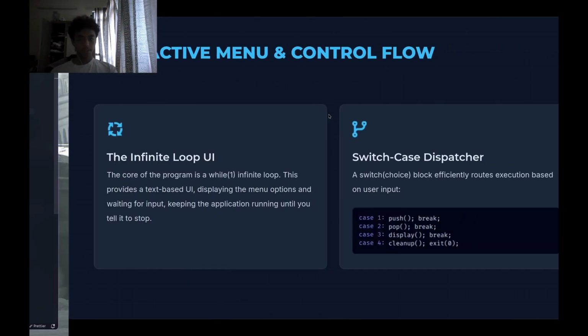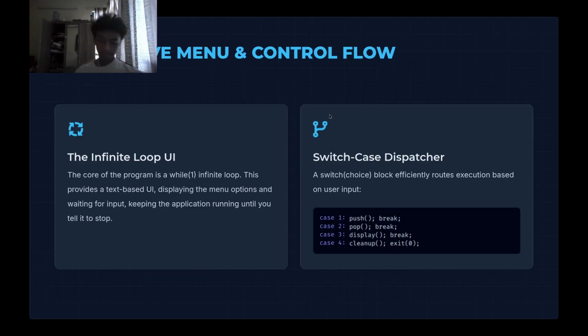And next up, we have sort of the UI that goes with the stack. So the infinite loop UI is just a while loop that goes on and on, which provides a text-based interface, which keeps the application running continuously, displaying menu options and waiting for input until you explicitly command it to stop.